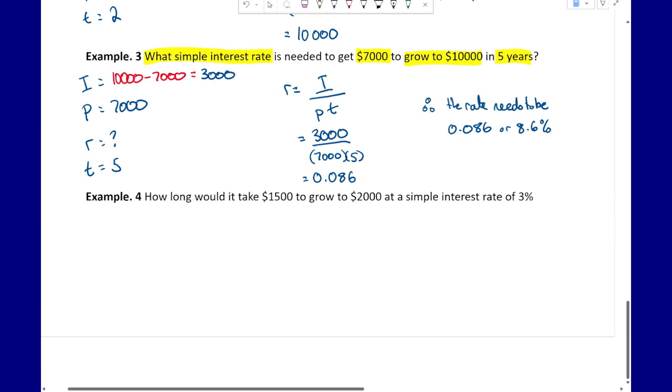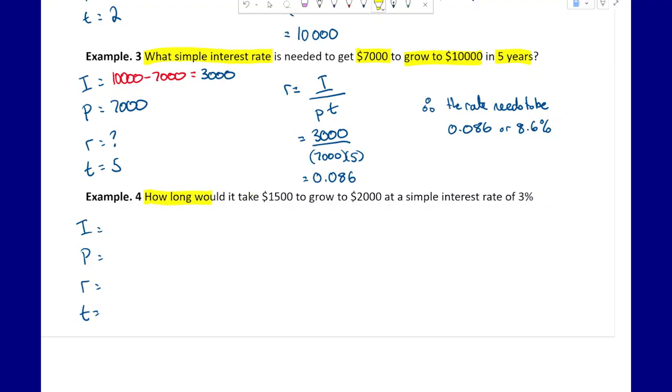Last example: how long would it take $1,500 to grow to $2,000 at a simple interest rate of 3%? Again, we want to start off with I, P, R, and T. We go through and highlight our key information and figure out which variable it goes to.